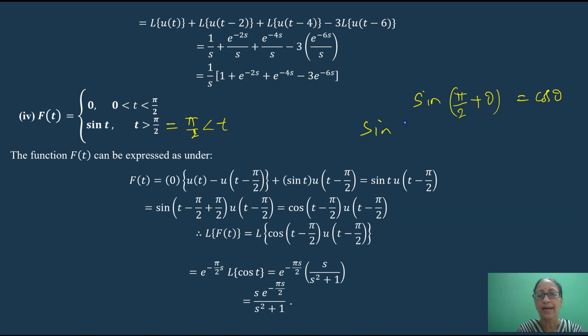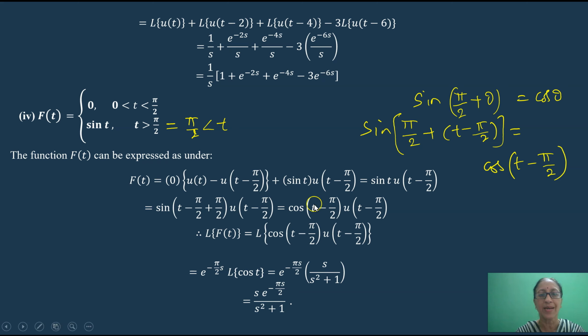So you can observe t minus pi by 2 in the place of theta, which is equal to cos of t minus pi by 2. So here you get cos of t minus pi by 2 into u of t minus pi by 2.